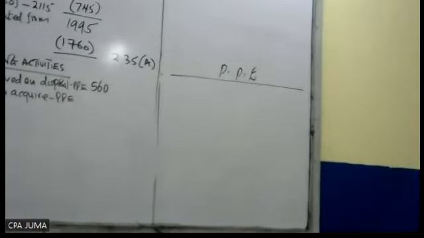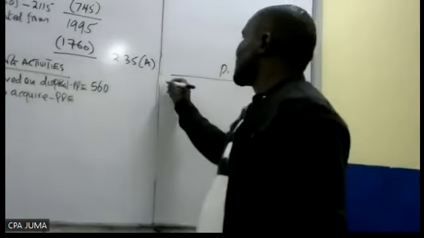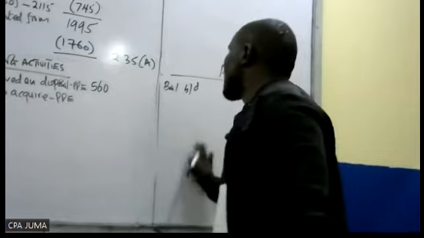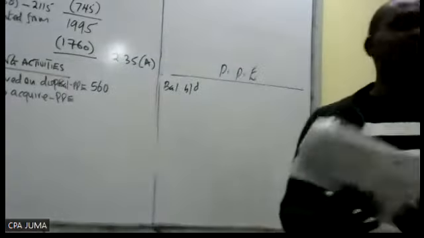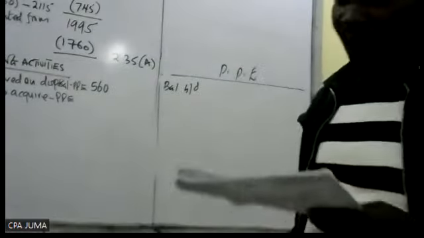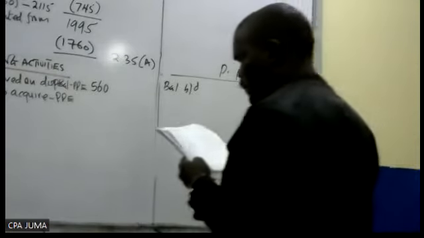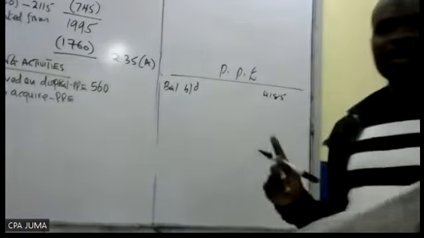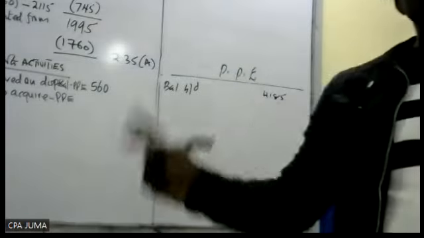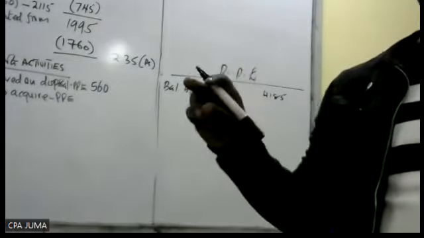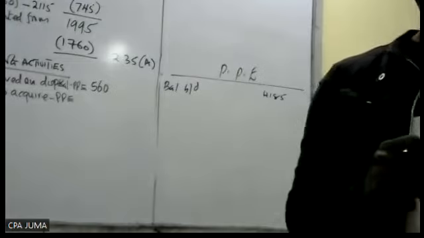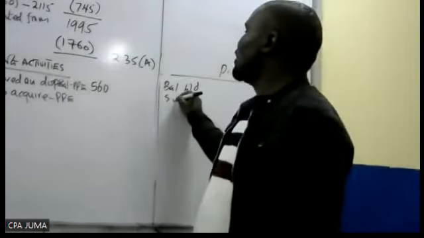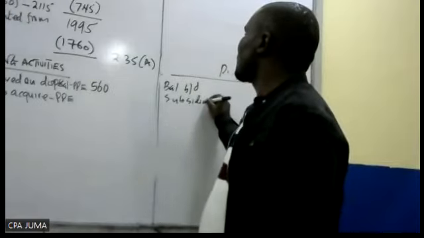Let's start with the opening balance brought down. What was the balance brought down for PPE? 4185. Let's go to the notes. From note 1 to the last, anything touching on PPE, you deal with it accordingly. Note 1, the subsidiary left. Did they leave with some PPE?